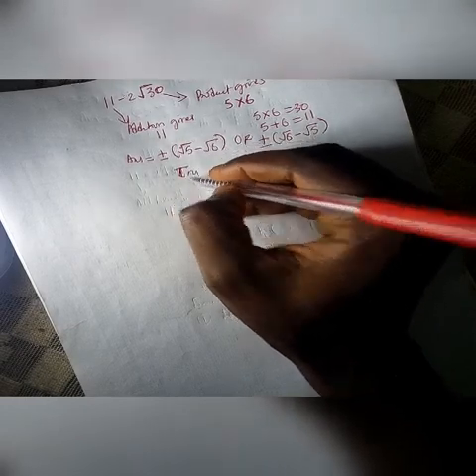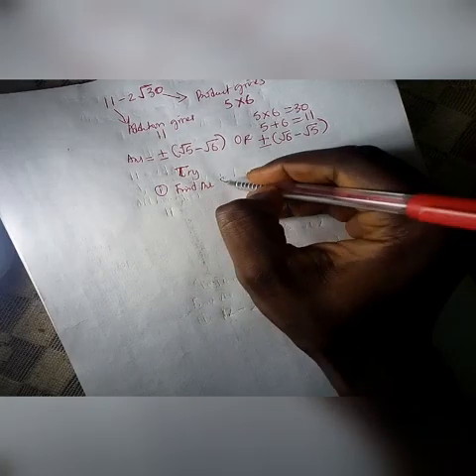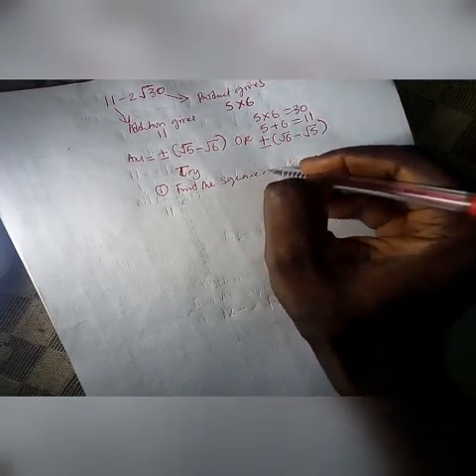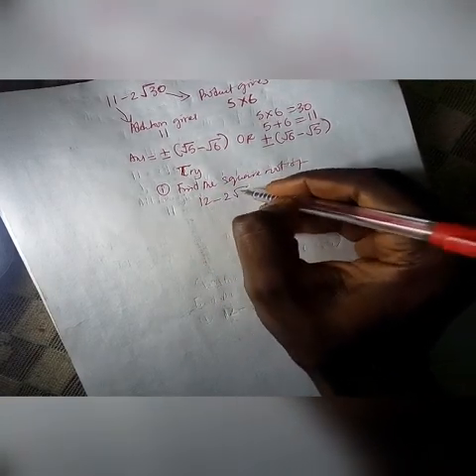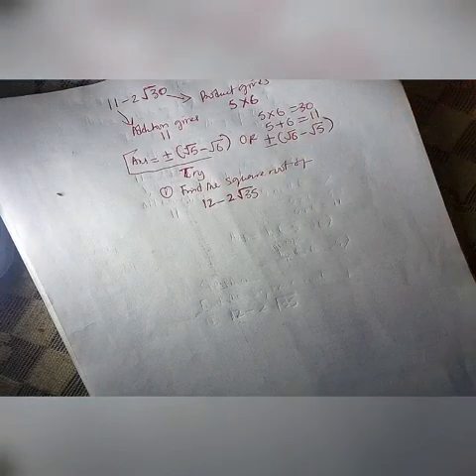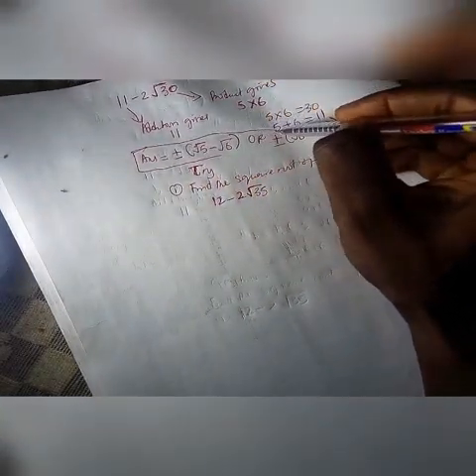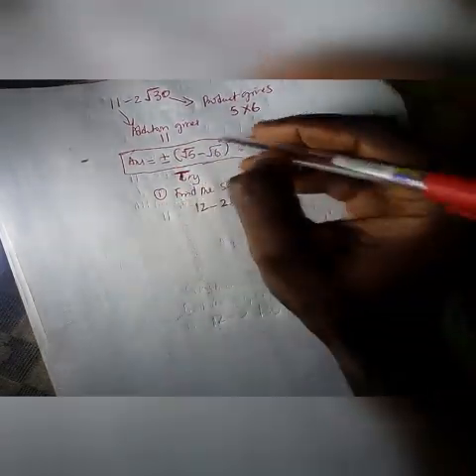Try to find the square root of 12 minus 2 surd 35. Very, very cheap. So get the answer solved easily without any problem.